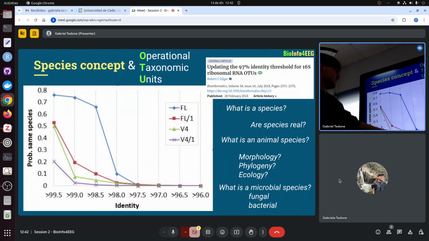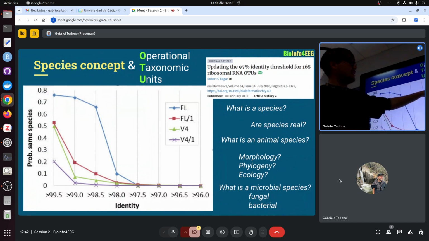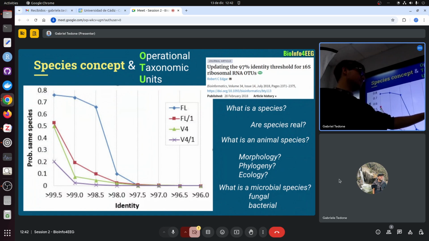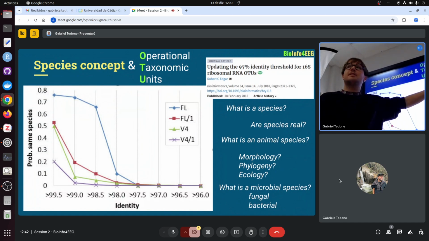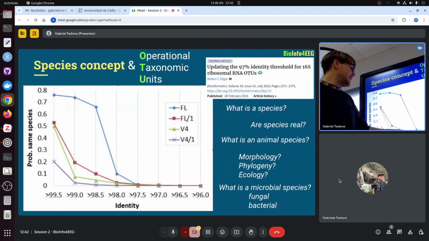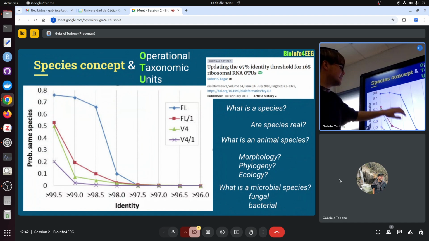In this paper, this guy, Robert, said it depends on the length of the barcode. Depending on the length of the barcode, for example 16S, if it's the full-length barcode, at 97% identity you already see differences in the probability of it being a different species.